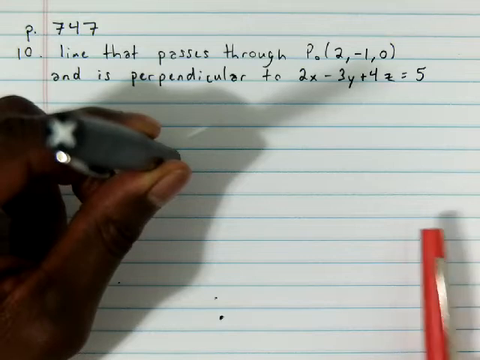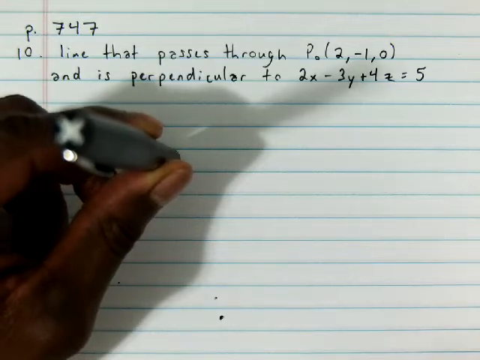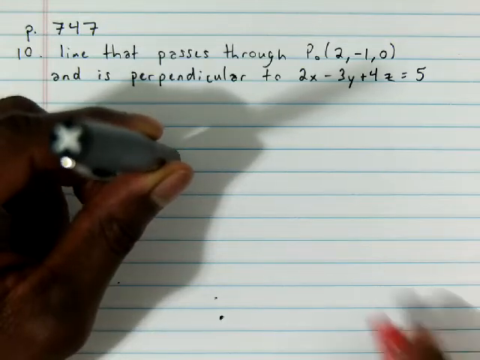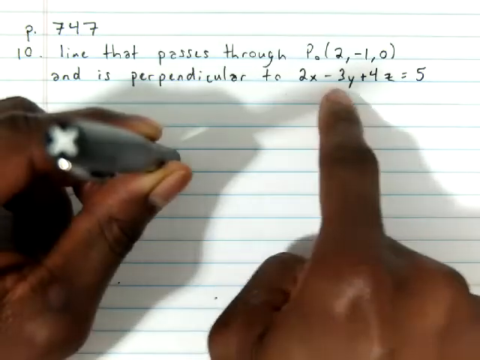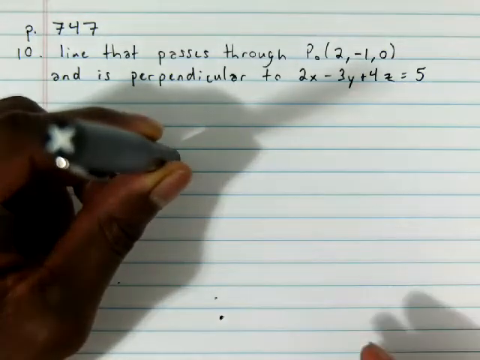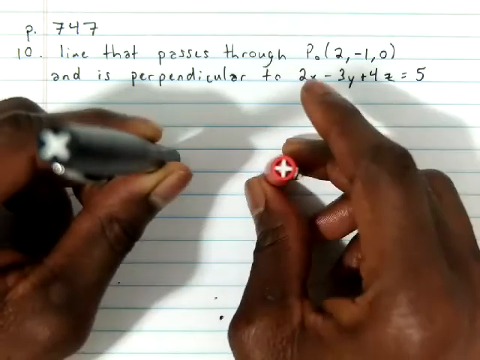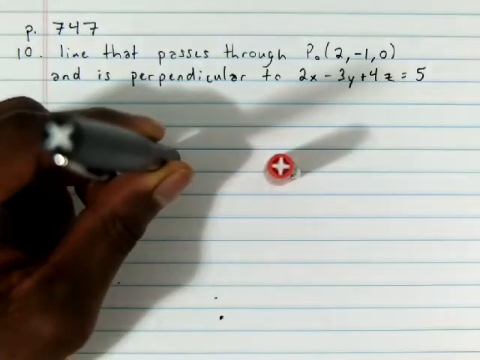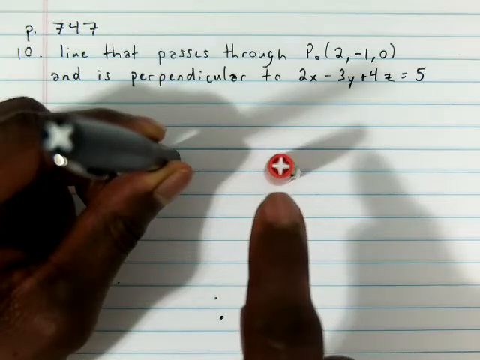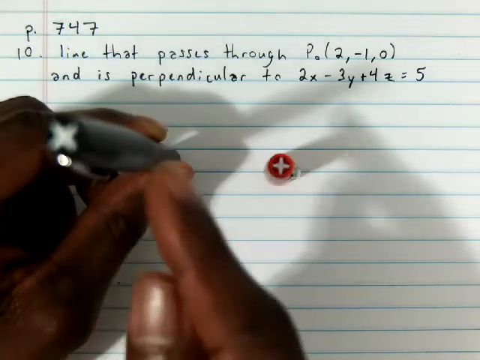There's something that's inherent in the equation of the plane. Remember, I told you if you're given the equation of the plane in this form, you can automatically see what the normal vector is. So the equation of the line I'm looking for is this black marker, but I have the equation of the plane, which has this normal vector in it. What do I need to find the equation of this marker?